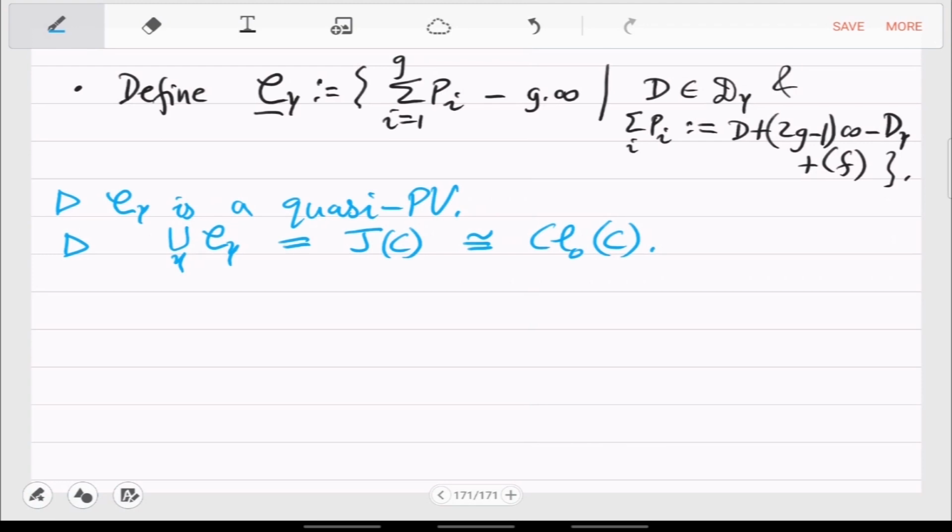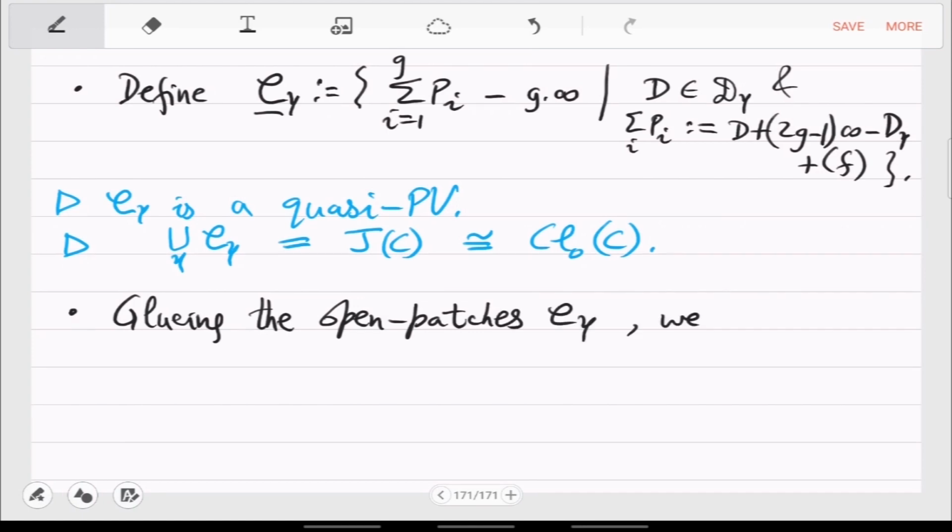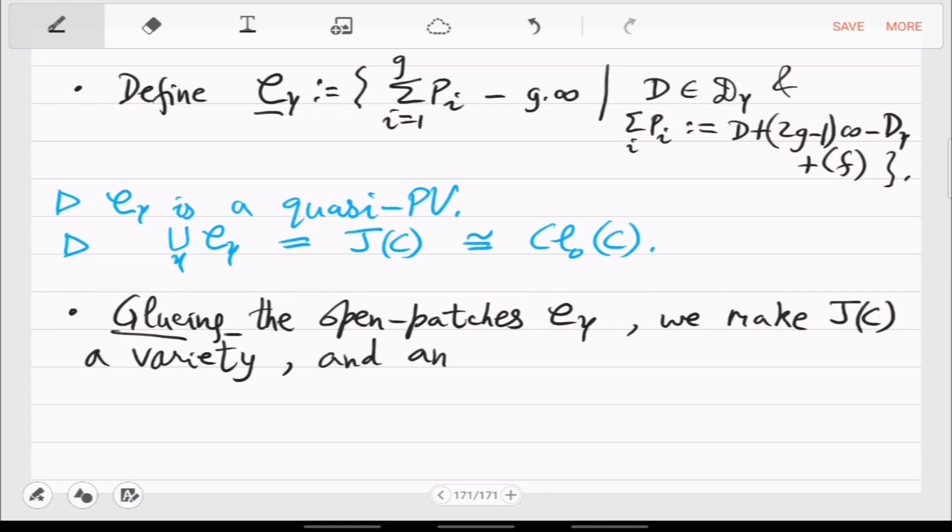So this JC set is now a variety which is also a group. So gluing the open patches C gamma, we make JC a variety, and an abelian group.